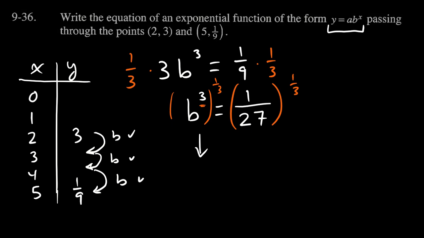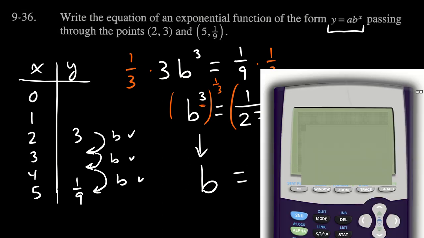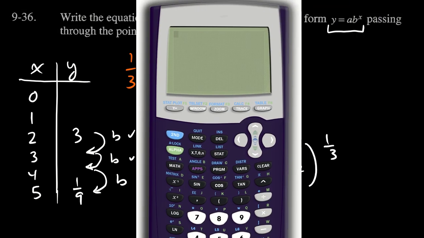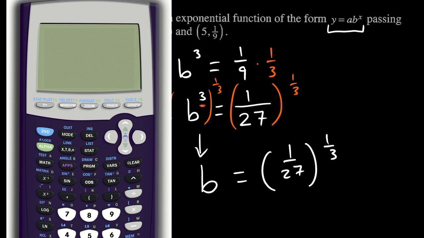B to the 3rd to the 1/3 is just plain old b. And on the other side, we've got 1/27th, and this is being raised to the 1/3 power. So if I evaluate that, we've seen this enough that we know what this is. It's 1/3. But if it was a value we weren't quite sure about, we could use one of our calculators to do that.